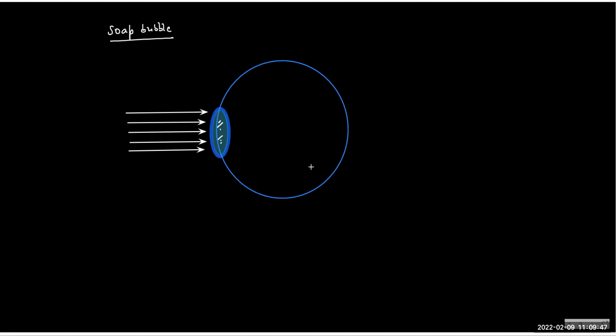You can imagine this will blow like this. I should never remove this part, but okay, I'll just do this by freehand. The question is, this is a really bad diagram. So, thin one.